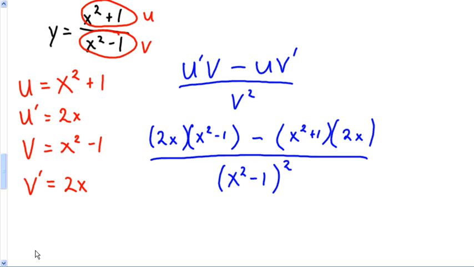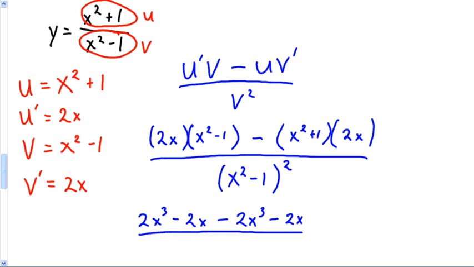Now pretty much all we're going to do is some simplifying here, and this problem is going to be over. I'm going to distribute up here at the top. So that would be 2x cubed minus 2x. On the other side, it would be minus 2x cubed, and then minus 2x.